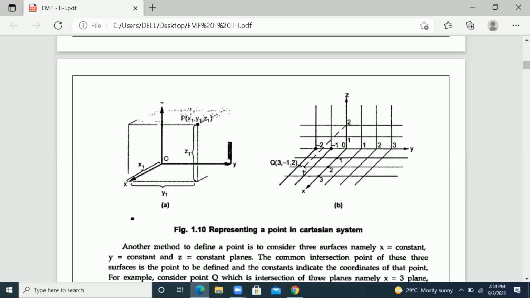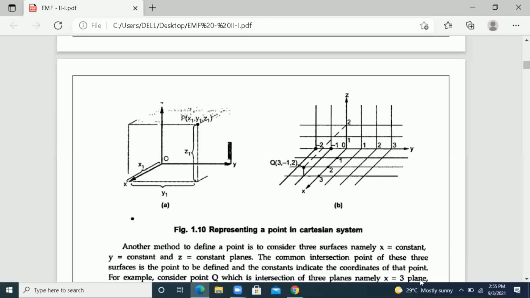For example, consider Q, which is the intersection of 3 planes.